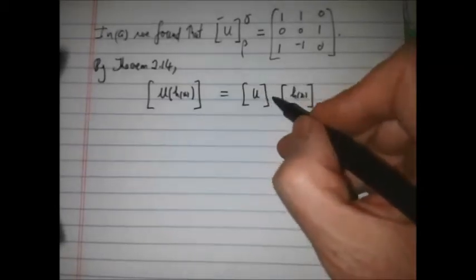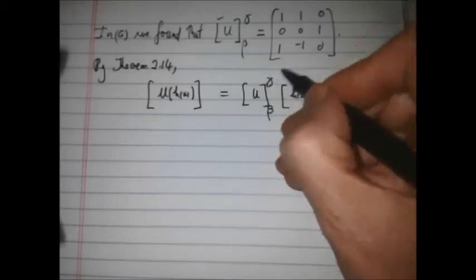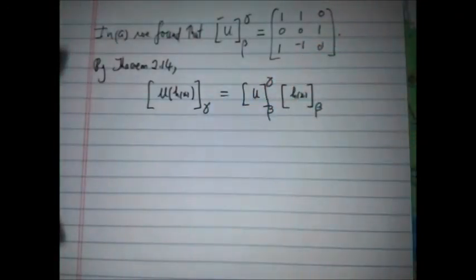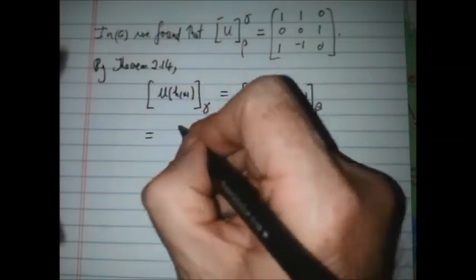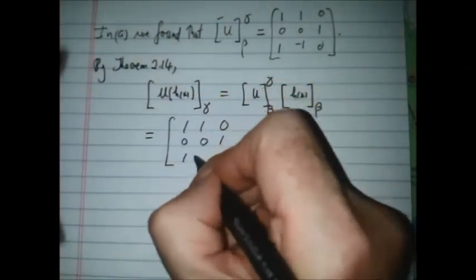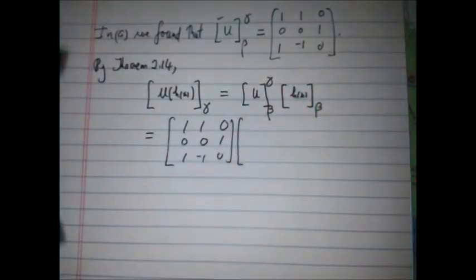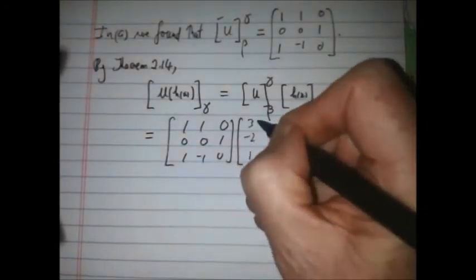The matrix here goes from bases beta to gamma, and the result is the coordinate vector of U of h of x relative to gamma. So this is equal to the matrix with columns (1, 0, 1), (1, 0, -1), (0, 1, 0), times the vector we worked out already, which was (3, -2, 1).